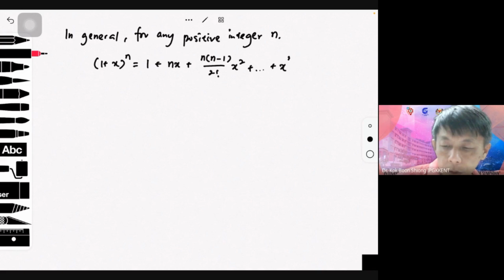So this is the general form for any positive integer.